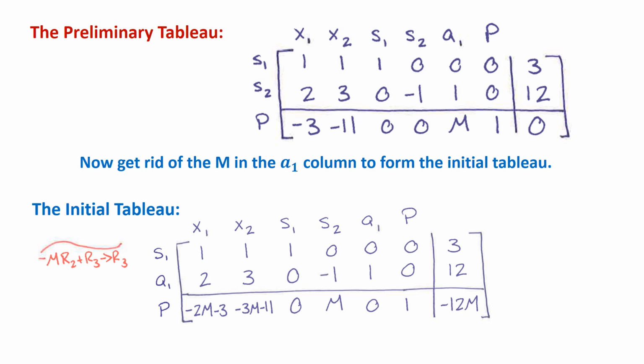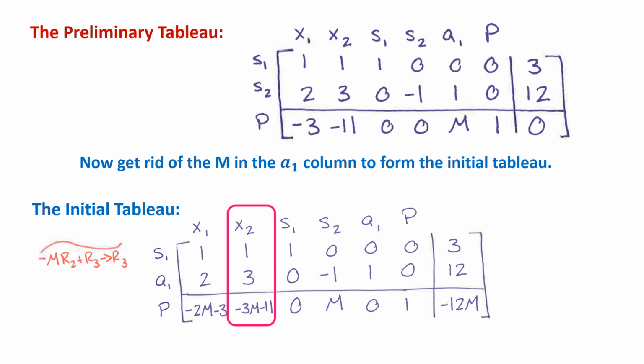So now we can see our basic variables are s1, a1, and p. To use the simplex method, we look for the most negative value in the bottom row to the left of the objective column. And that is negative 3m minus 11, in column 2. So x2 is the entering variable.